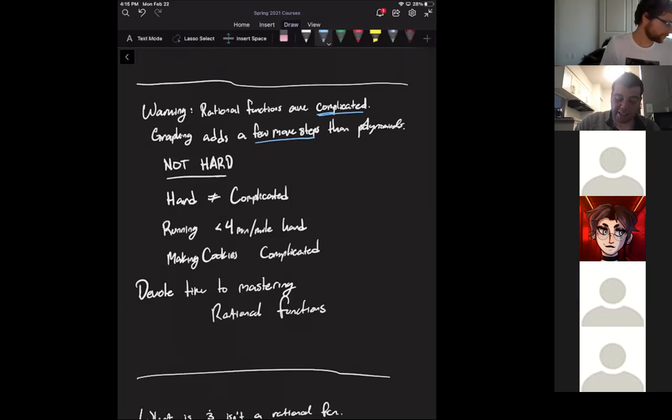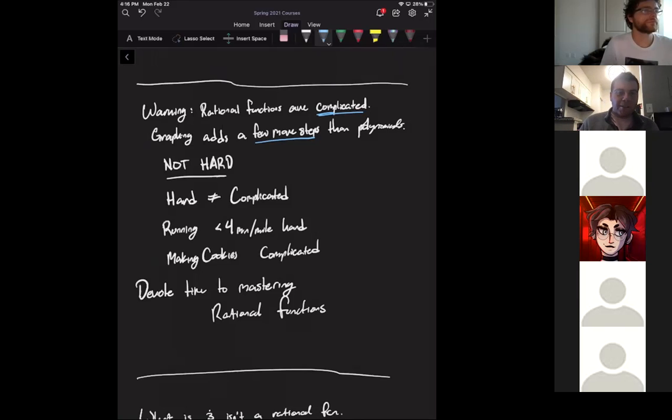My little example is that hard doesn't equal complicated. Running a mile in under 4 minutes is really hard, but in theory, it's not complicated at all. You just go out and you do it. It's hard getting to that speed, but it's not that hard to do once you can do it. Whereas making cookies is not that hard, but it's kind of complicated.